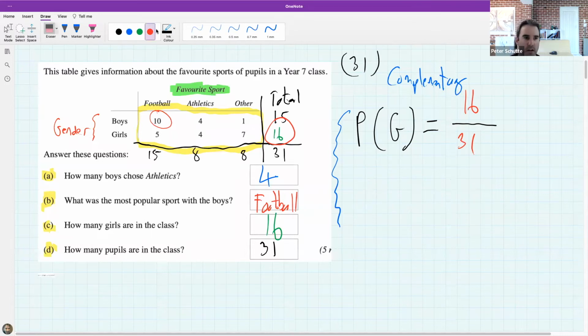What is the probability that somebody's favorite sport is athletics? What's the probability that a randomly chosen student's favorite sport is athletics?